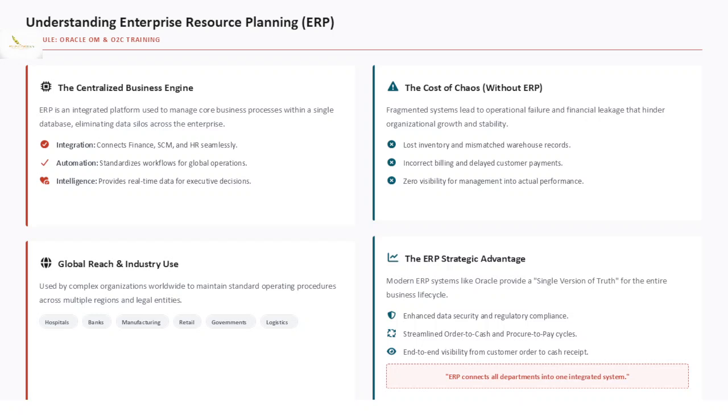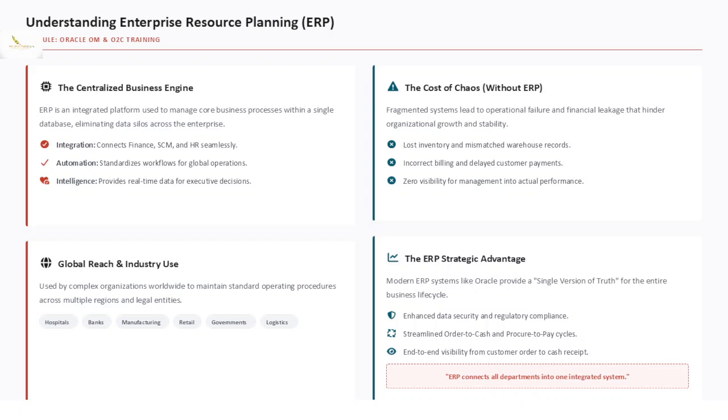Many people hear the word ERP all the time, but they do not fully understand what it means in real business operation. So an ERP system is essentially the central nervous system of a company.